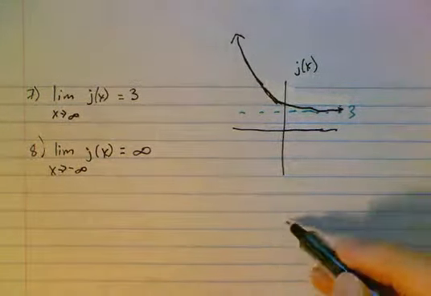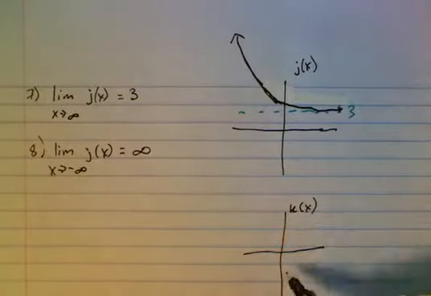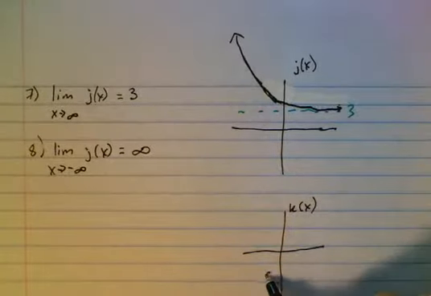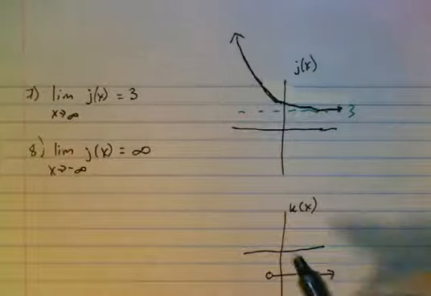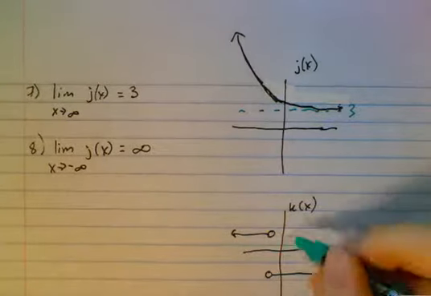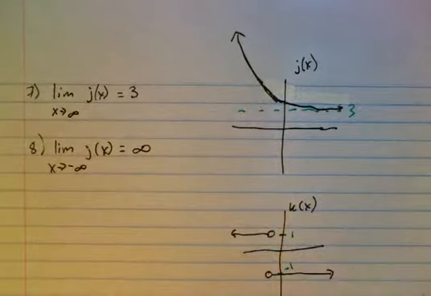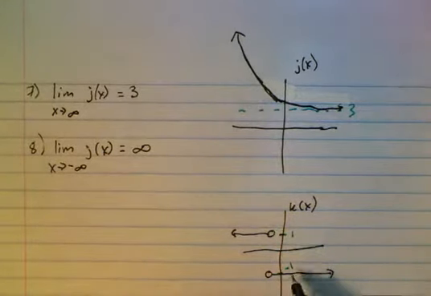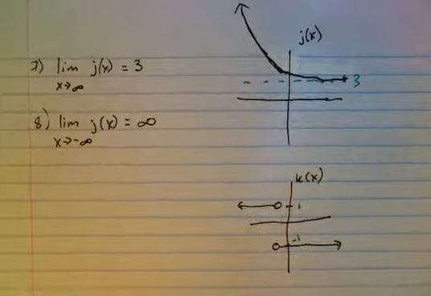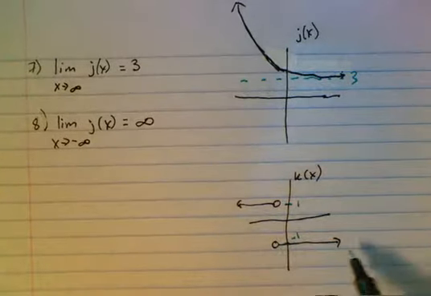Finally, we can have a function that looks like this. Let's say this here's crossing at 1, this here's crossing at -1. It's just a constant line. It's just that there are two different constant lines.